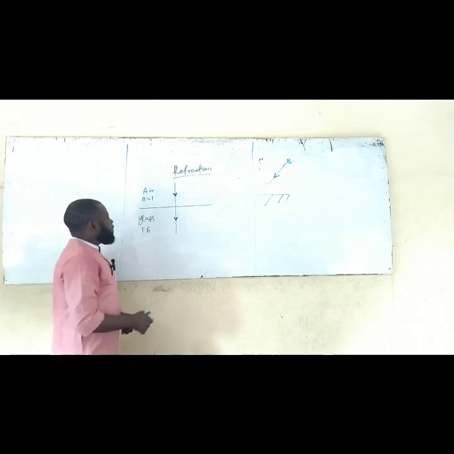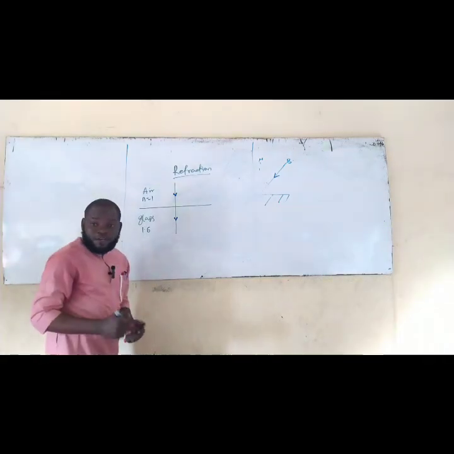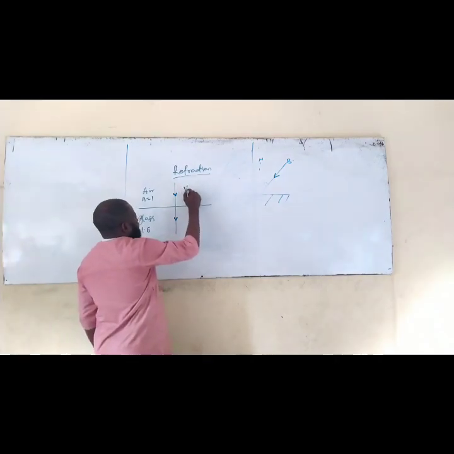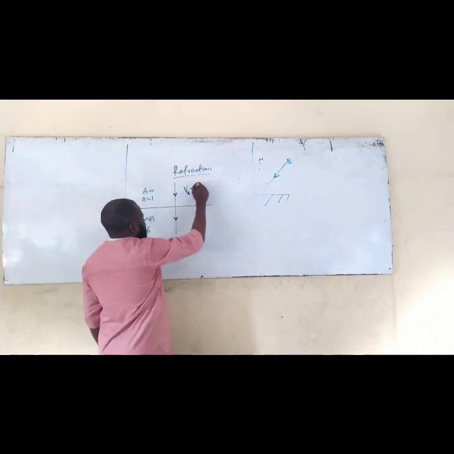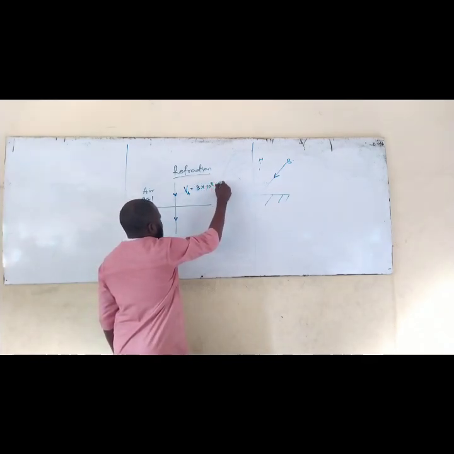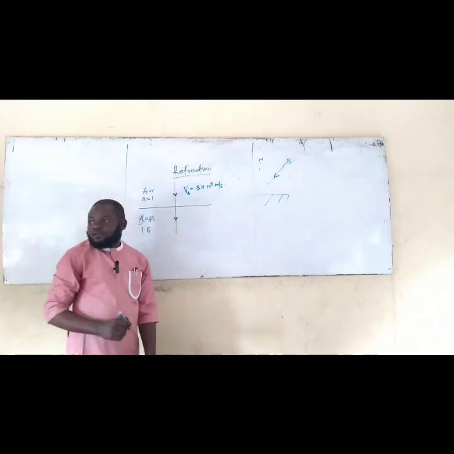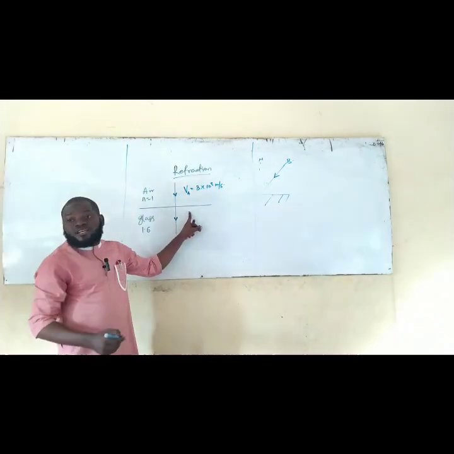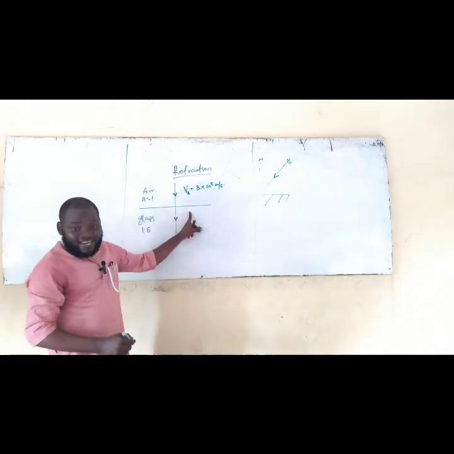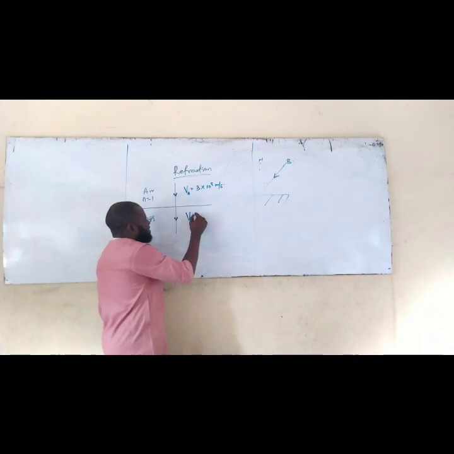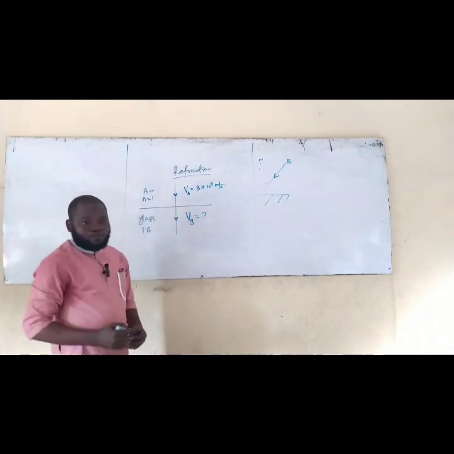So the speed of light in air, let's say VA, is given as 3 times 10 to the power of 8 meters per second. Am I making sense now? So the speed will change when it enters into the glass. Am I making sense, guys? So what we want is the speed of light in the glass, we don't know.